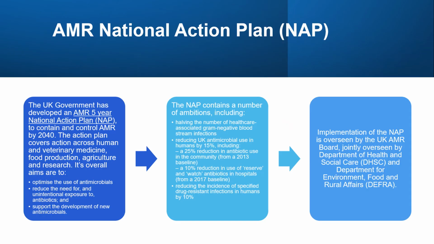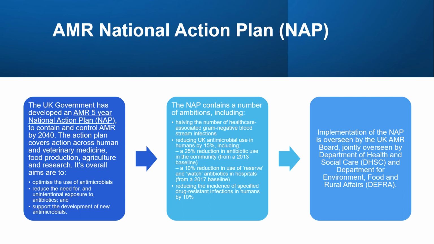So the UK government has developed an antimicrobial resistance 5-year National Action Plan, or NAP, to control and contain antimicrobial resistance by 2040. So we saw some of the figures we looked at earlier that were projecting figures for 2050. So we really need to get a hold on preventing the extent of those figures, and they've given that deadline by 2040.